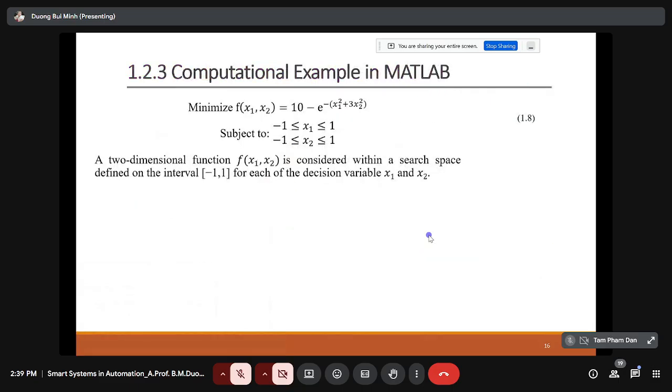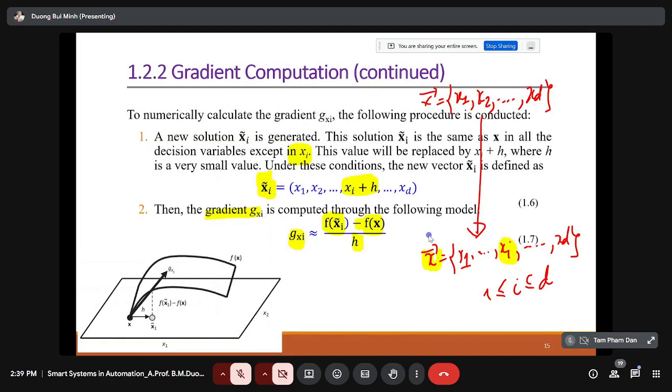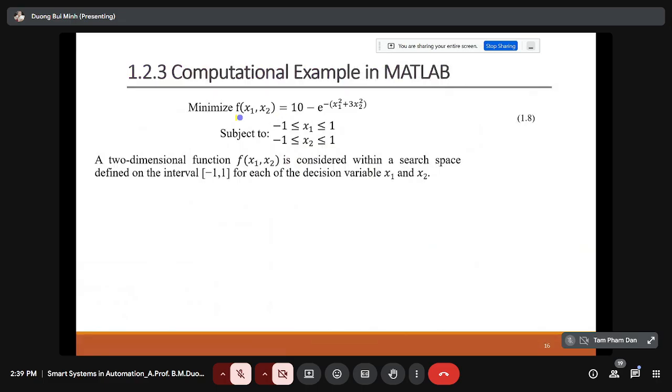Example. Now we have f(x). How many dimensions do we have? 2. So for every solution x, we have x1 and x2. That means the domain has 2 dimensions. And then we need to set up the lower boundary and upper boundary.